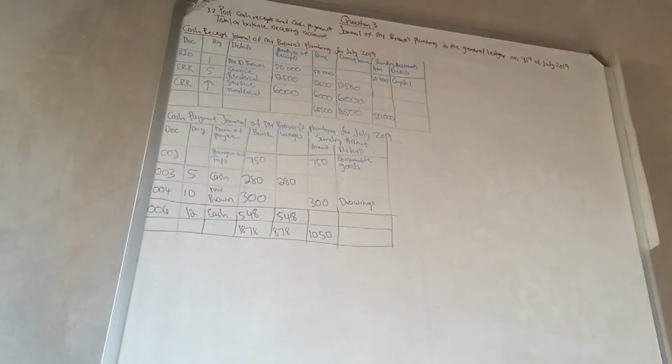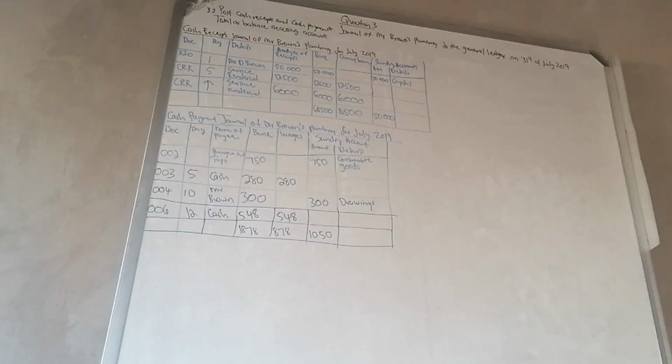And then the cash payment journal, the CPJ, records all the cash payment transactions of the business. The CRJ records the cash receipts, the CPJ records the cash payments.